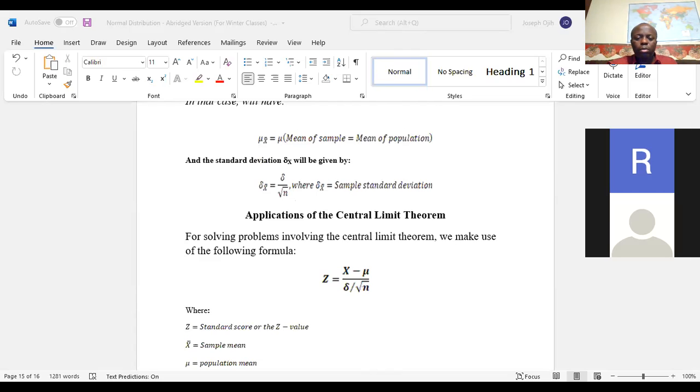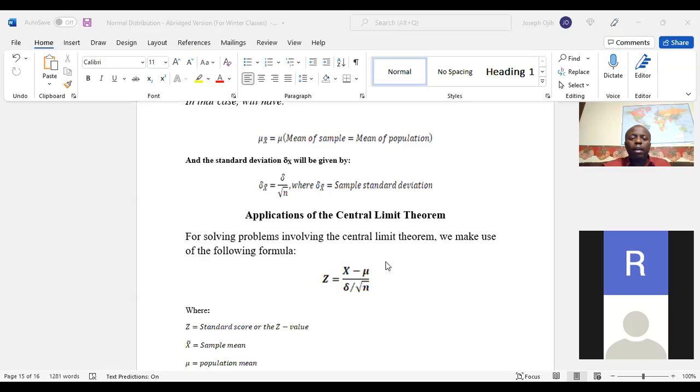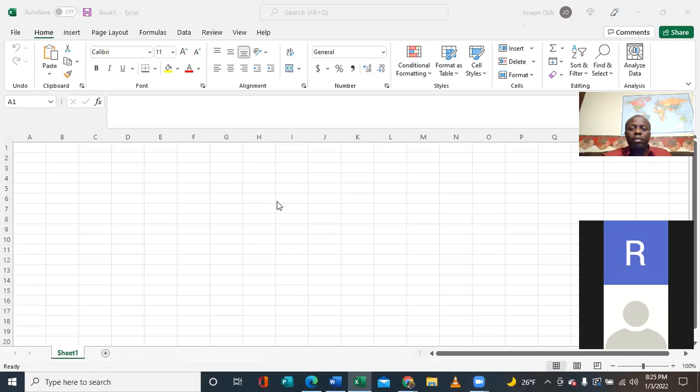If you have Excel, I don't know the version you are using, but I'm going to use my own to show you. If it's not in your version, you might look for your version and see if you can watch it on YouTube. Now, you can see the screen, right? Okay.